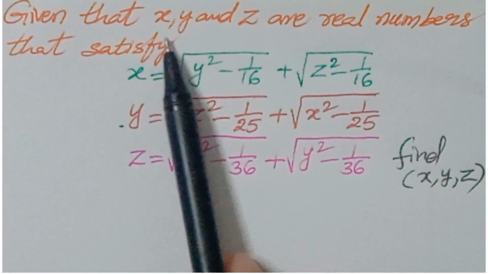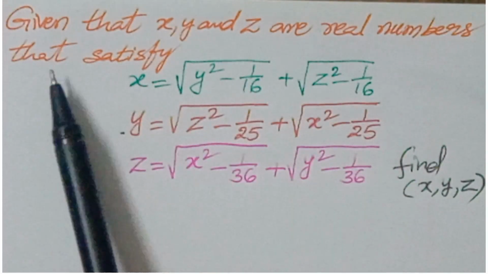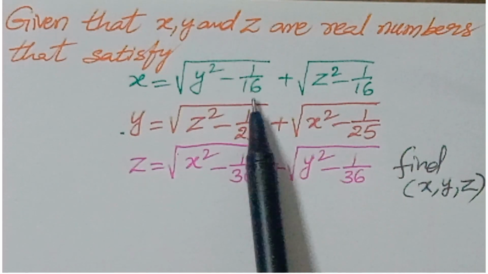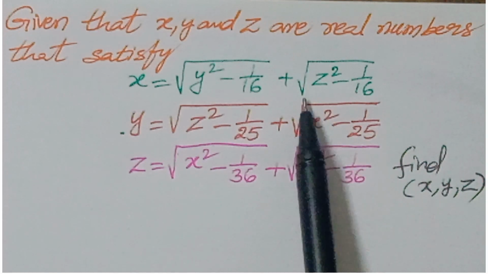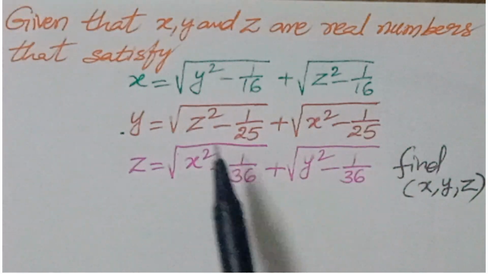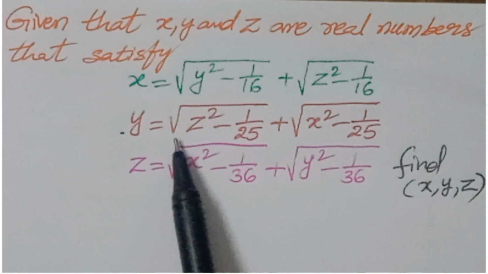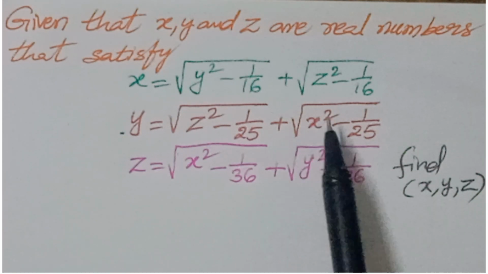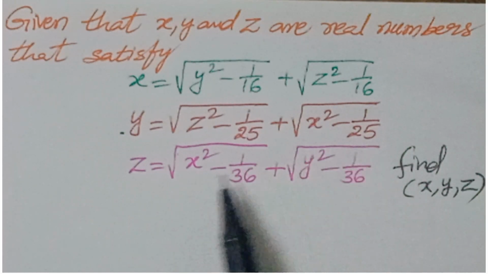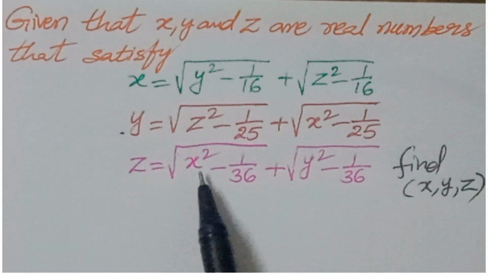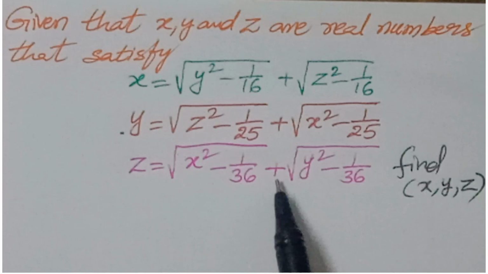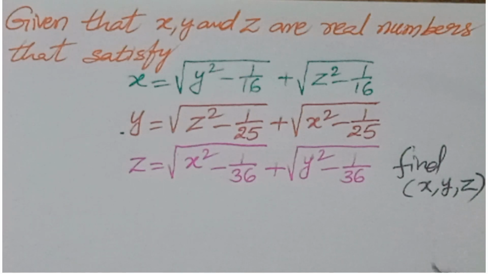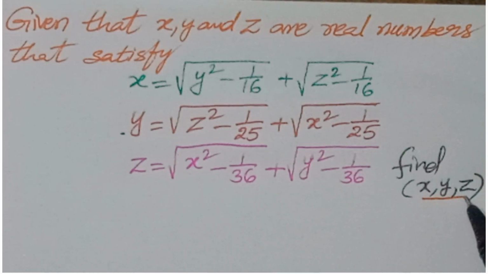The question is: given that x, y, and z are real numbers that satisfy x is equal to square root of y square minus 1 by 16 plus square root of z square minus 1 by 16, y is equal to square root of z square minus 1 by 25 plus square root of x square minus 1 by 25, z is equal to square root of x square minus 1 by 36 plus square root of y square minus 1 by 36. You have to find the values of x, y, z.